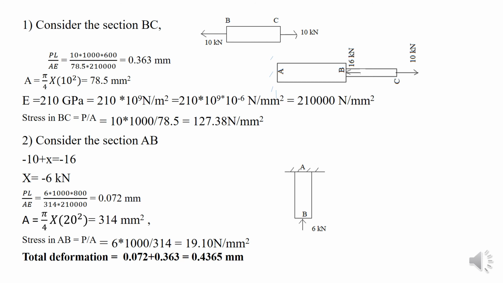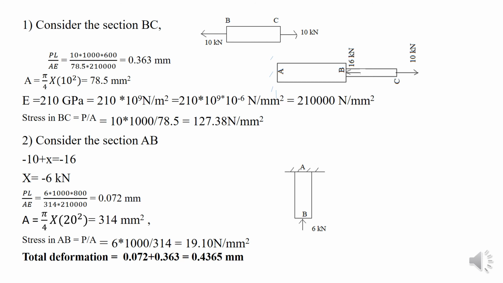Now consider the section AB. Here you can see that in the actual case the total load was minus 16, but we considered only the 10 kilonewton load. So minus 10 plus x is equal to minus 16. From that, x is equal to minus 6 kilonewton.